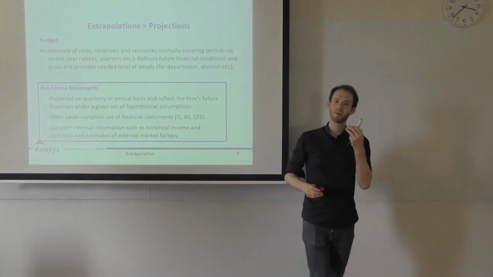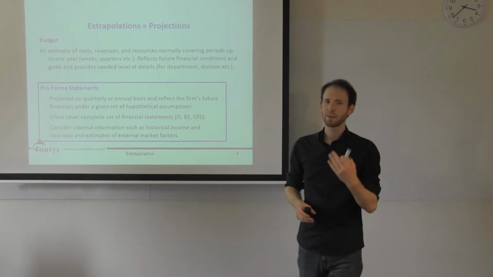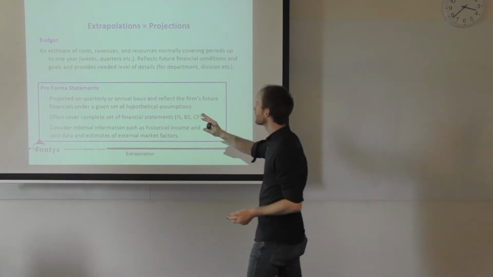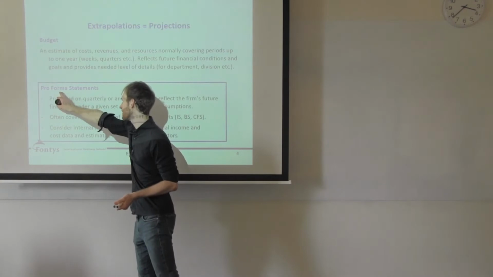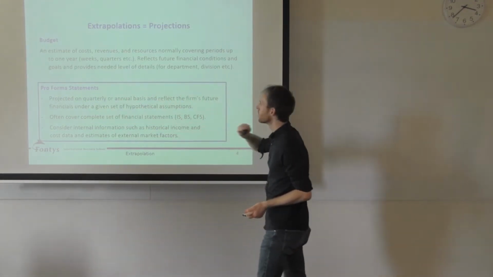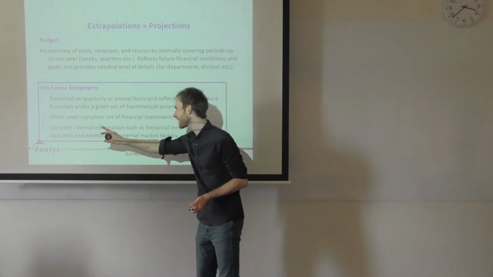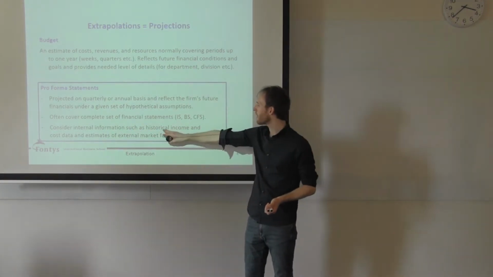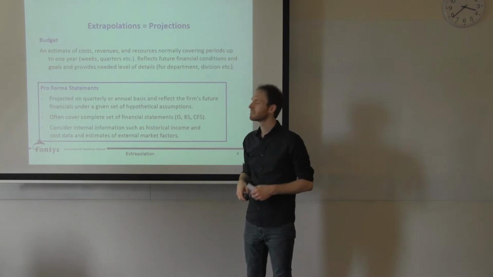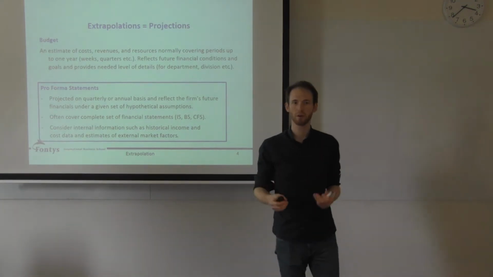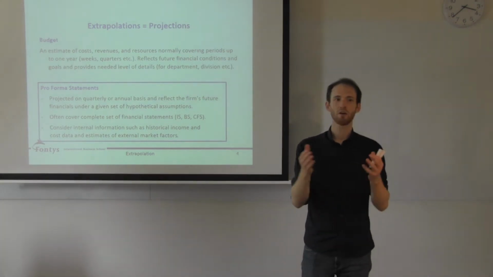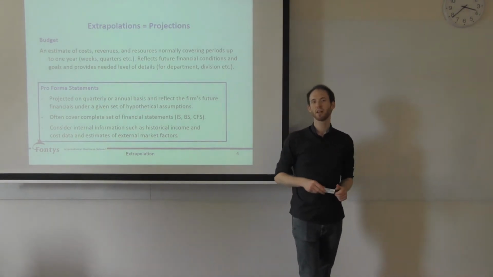And if we project the financial statements, it's also called pro forma statements, like you can see here. So it's about the future financials of the company, and basically we consider what the past told us about our company. So let's say, how did the past sales figures develop?